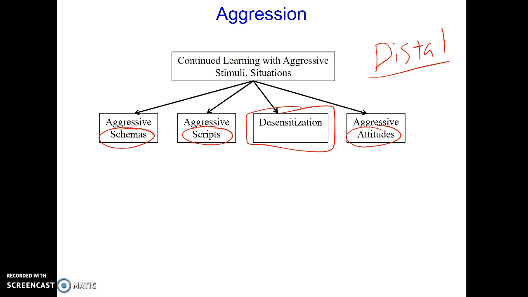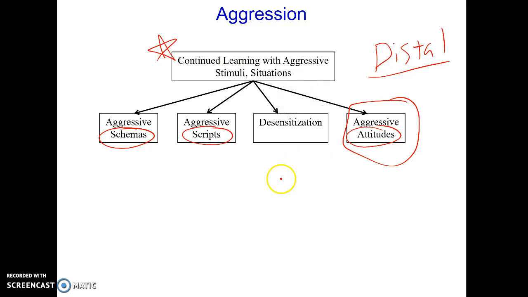All right? So we have scripts, schemas, and attitudes, and those are specific to aggressive scripts, schemas, and attitudes. Over time, in the proximate model, someone takes your toy and you punch them. That's a learning trial. You do that a lot. That's this learning up here. And you're going to form aggressive attitudes: it's okay to punch people. That's what you're going to say. Desensitization is where you are just like, oh, I punched someone.